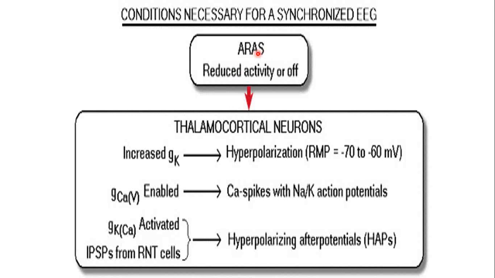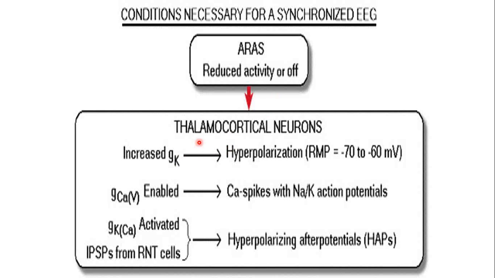Clearly, it would be a low arousal awake state. And that's when we start seeing more synchronization. Synchronization meaning higher amplitudes and lower frequencies compared to the faster desynchronized waves that are characteristic of beta and gamma oscillations.